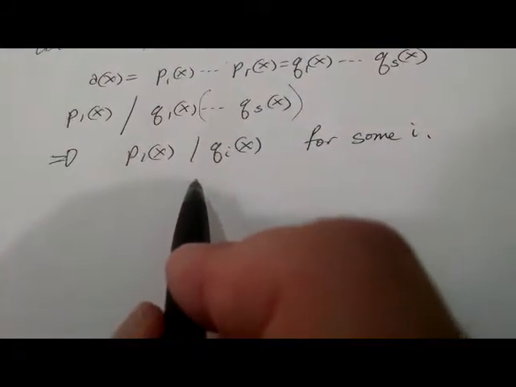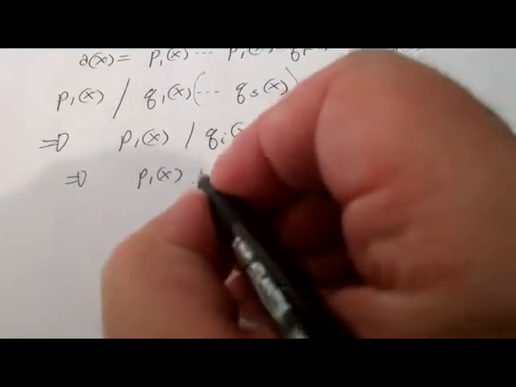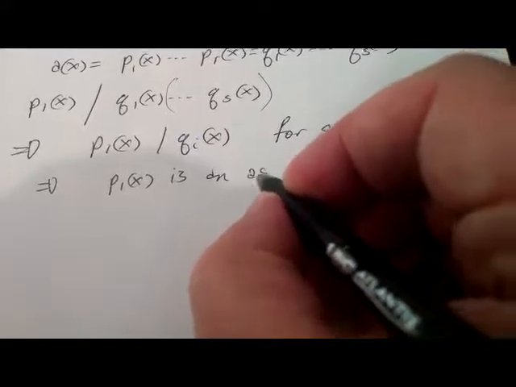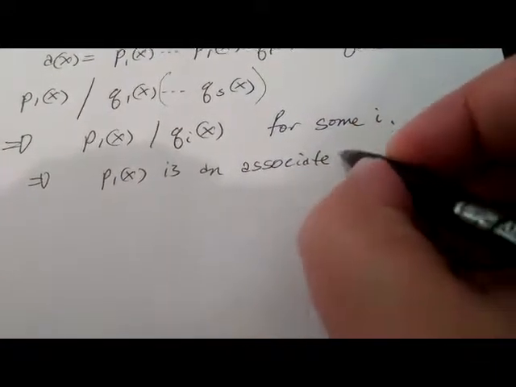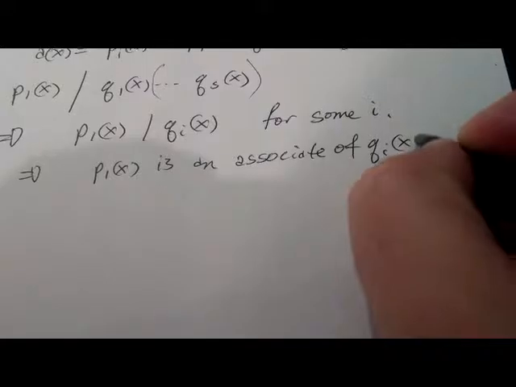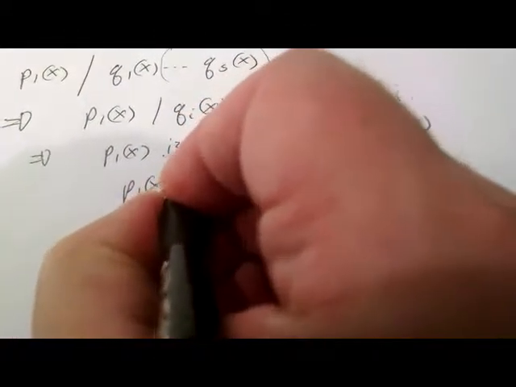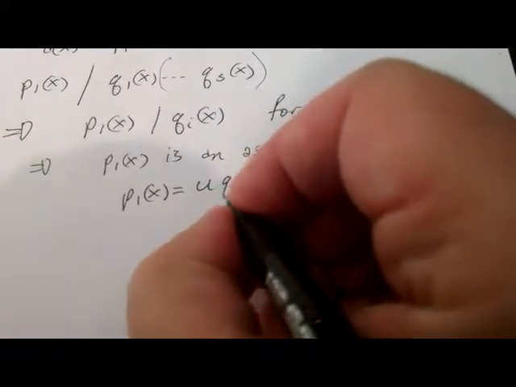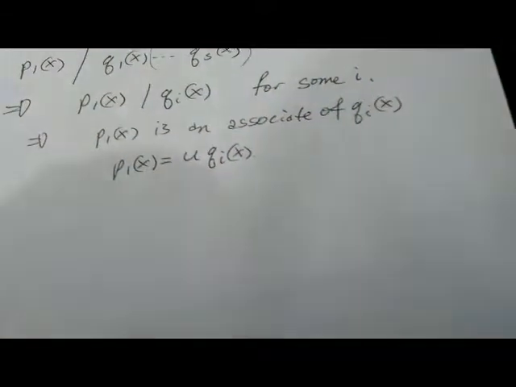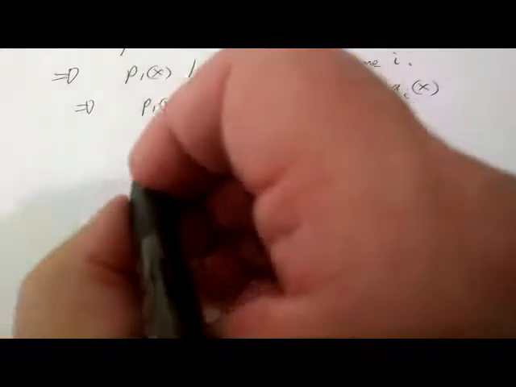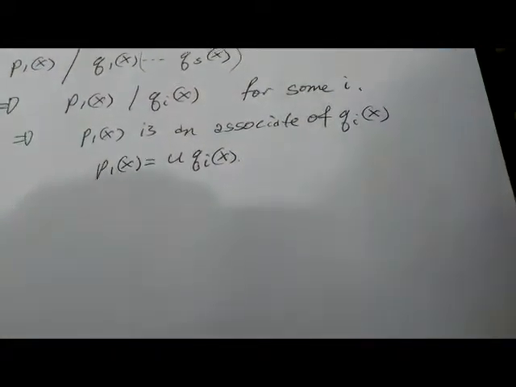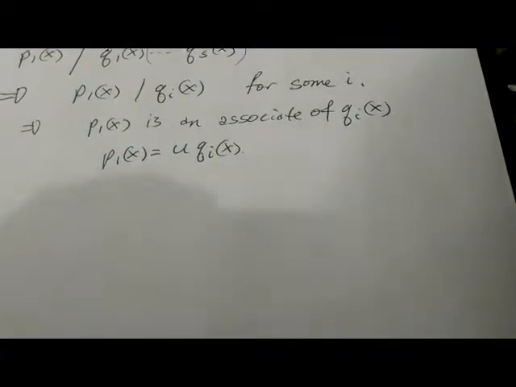But these are both irreducible elements, so the only factors are units and associates. So P1 of x is an associate of Qi of x. So P1 of x is, say, equal to U Qi of x. But then let's factor this P1 of x and this Qi of x out from both sides.